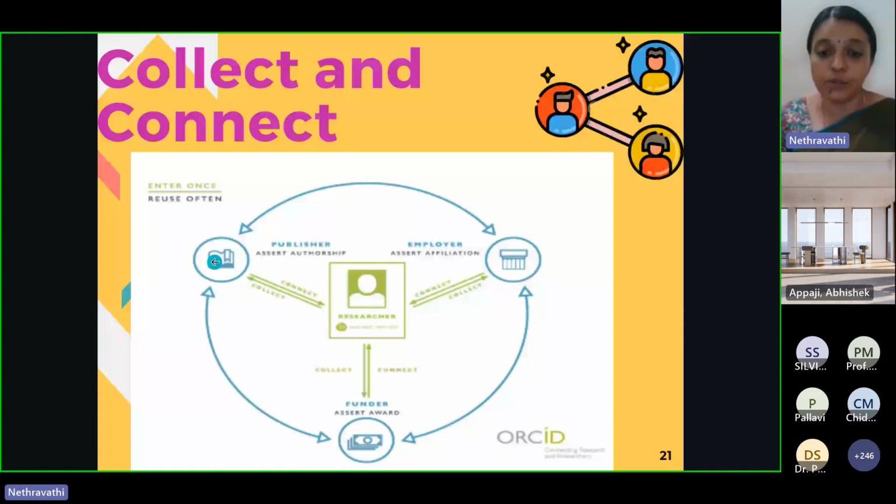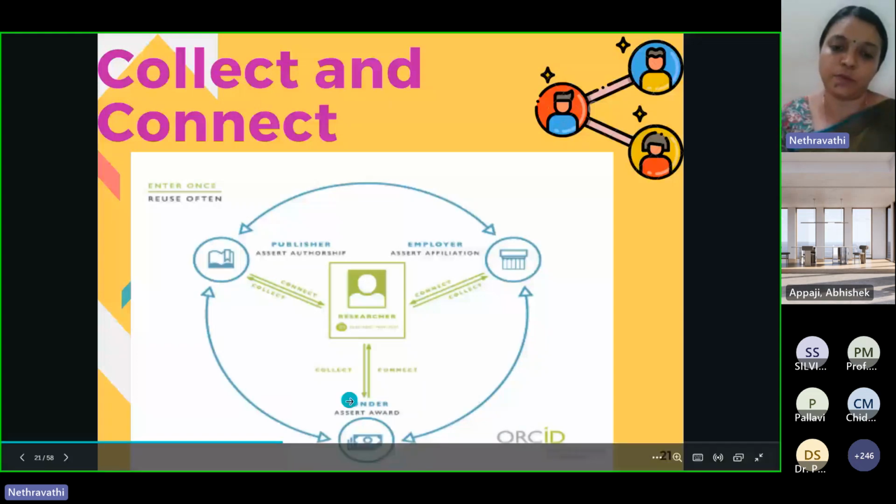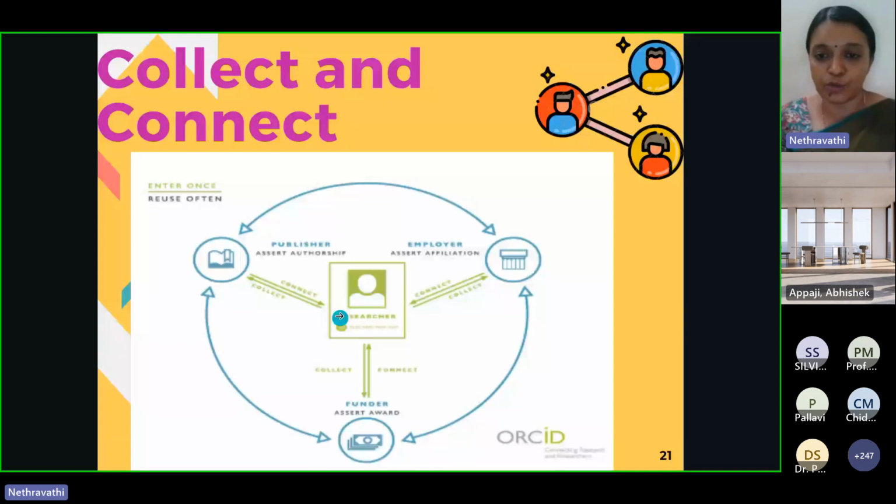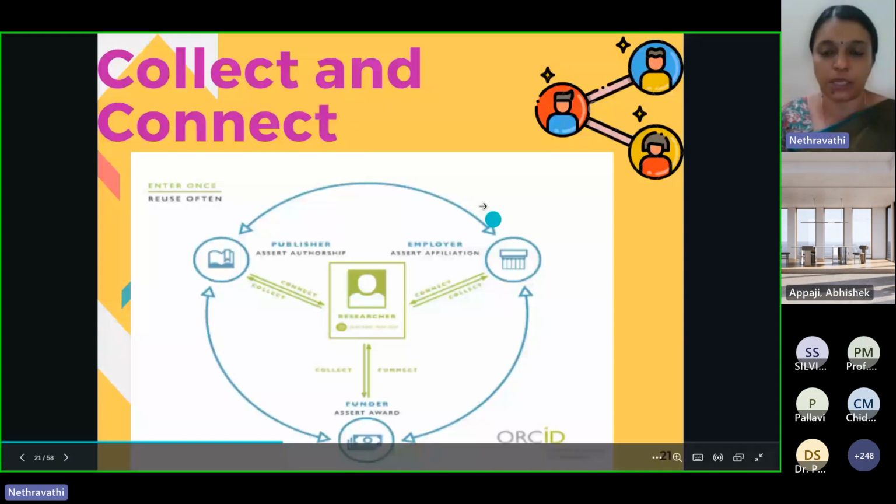And it also connects with the funding agencies, the funders for research funding. That is why this ORCID is very, very important, because it binds together everything: the employer, publisher, and the funding agencies.